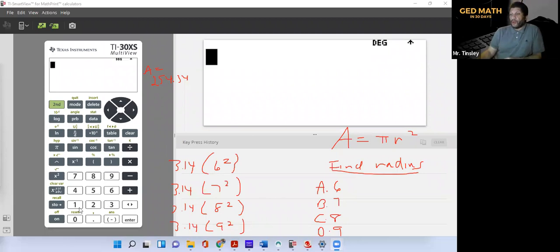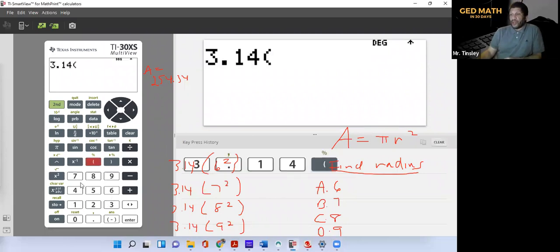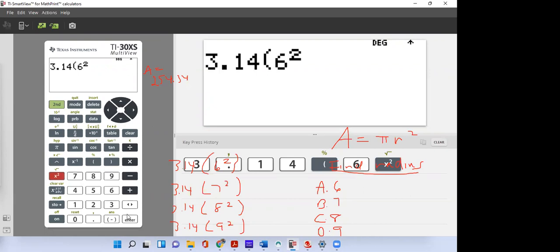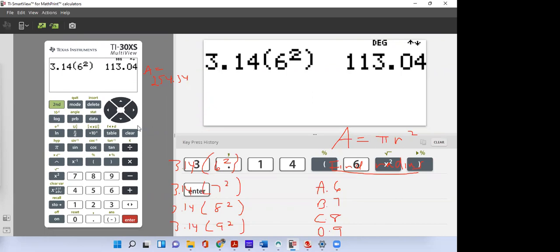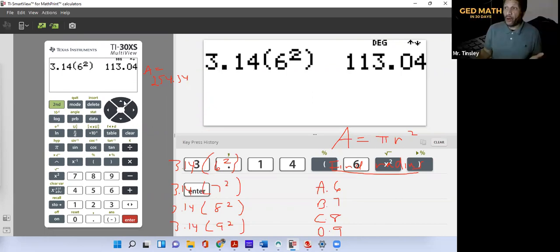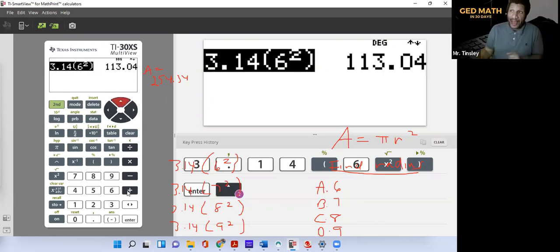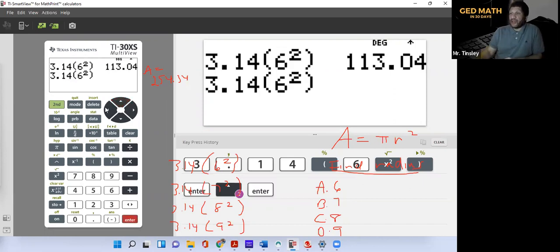254.34. So 3.14 times 6 squared. Did we get 254.34? No, we did not. Now you don't have to write that entire formula back out. We can use your calculator, go back up into the formula, hit enter, and now we're going to change that 6 to 7.